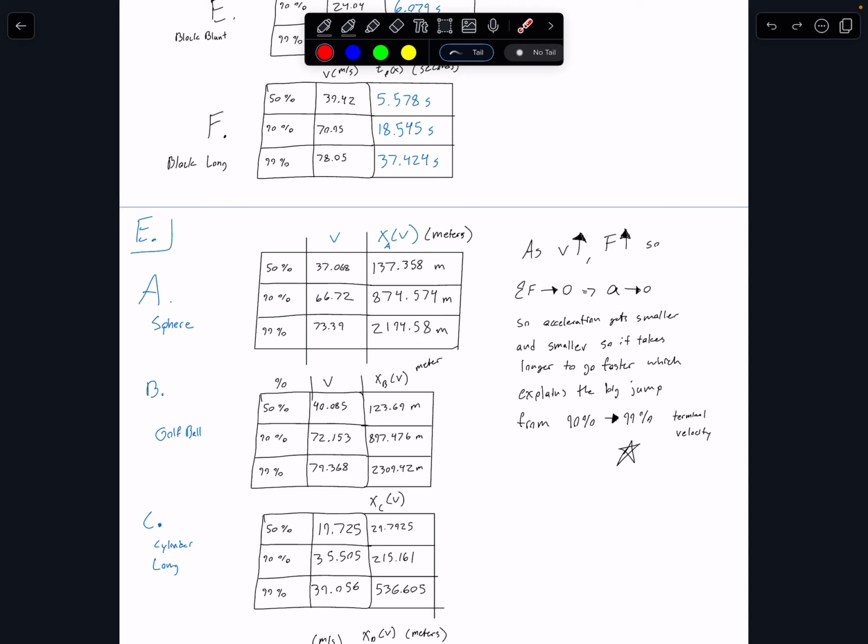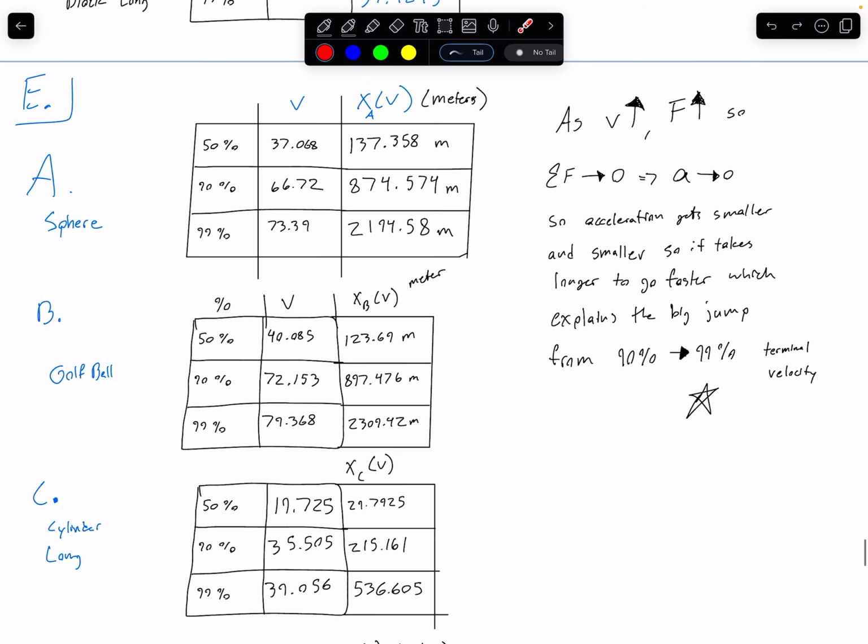Then part B for the golf ball, we see the same thing. Half of terminal velocity takes 123.69 meters, 90% takes 897.476 meters, and 99% takes 2,309.42 meters.